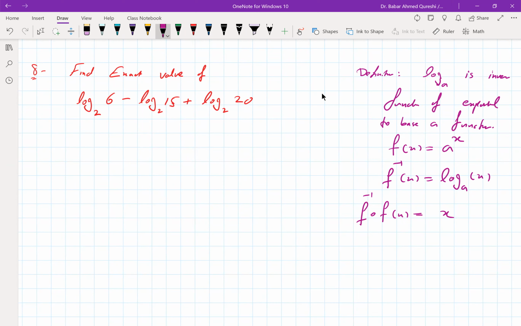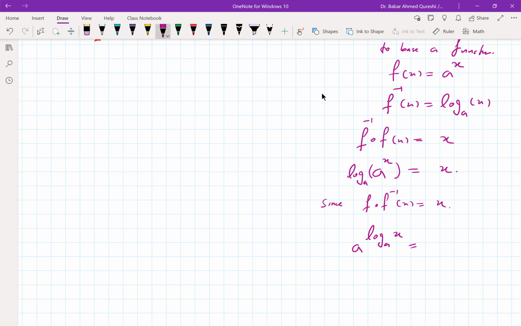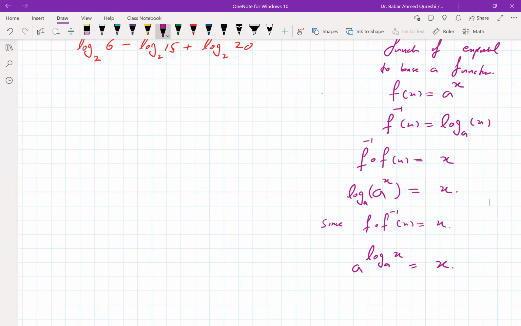So I apply f first, and then I apply this function to this. I get x back. And because of this property, that composition in either order is identity. That means if I apply this function first and then apply a, which takes it to the power of a, this is also x.